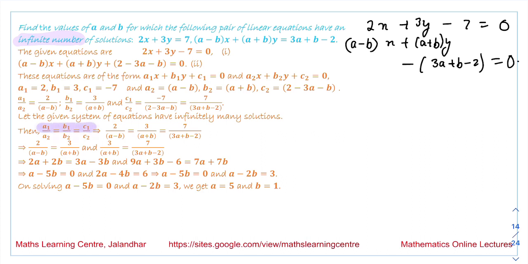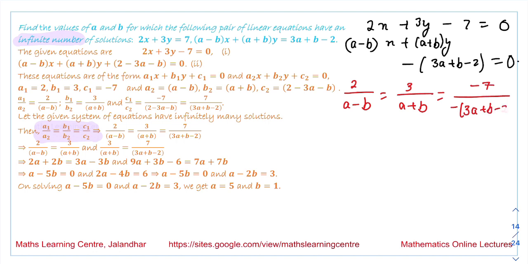So for infinite solutions, the condition we have is a1 over a2 should be equal to b1 over b2 should be equal to c1 over c2. So it is 2 over (a minus b) should be equal to 3 over (a plus b) should be equal to minus 7 over minus of (3a plus b minus 2).